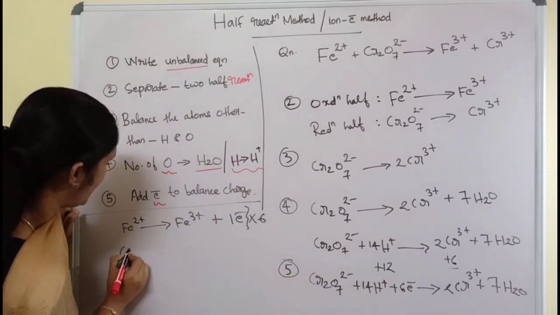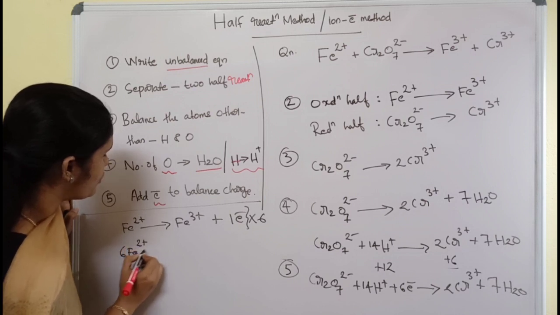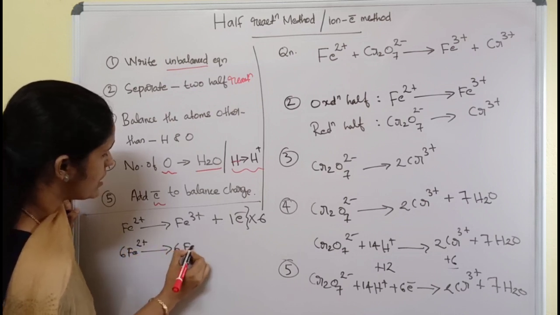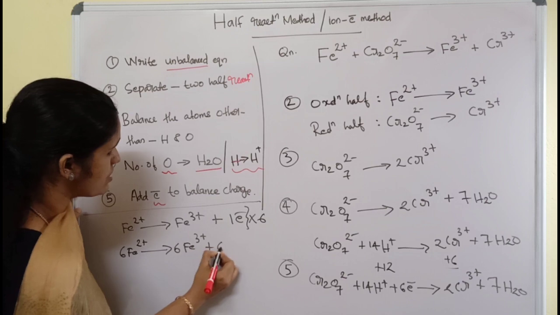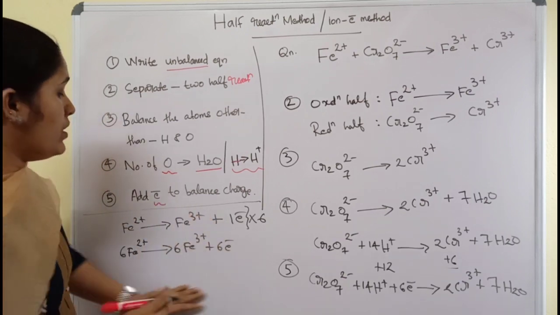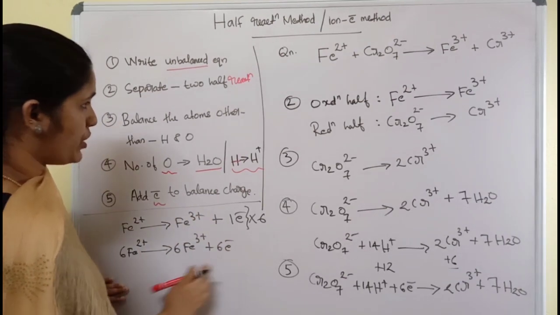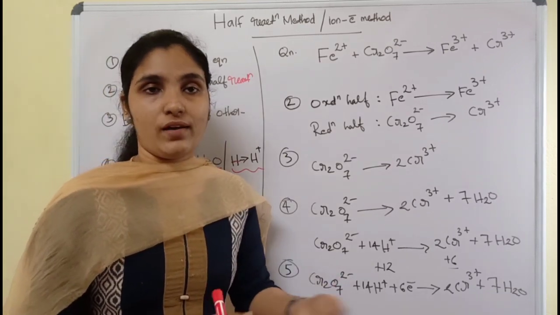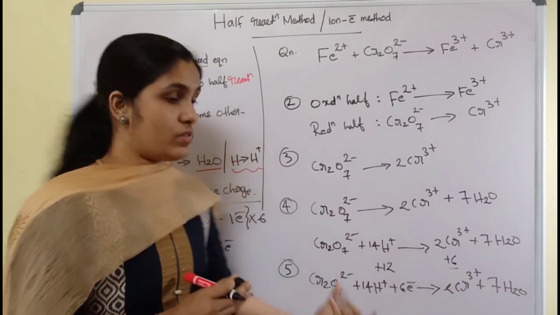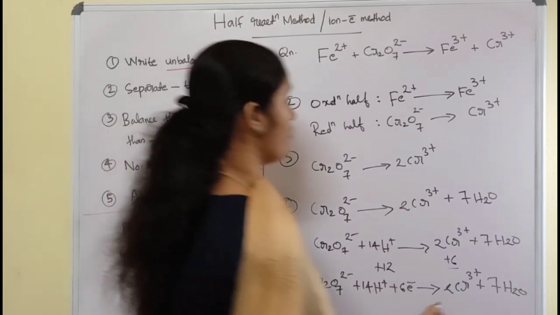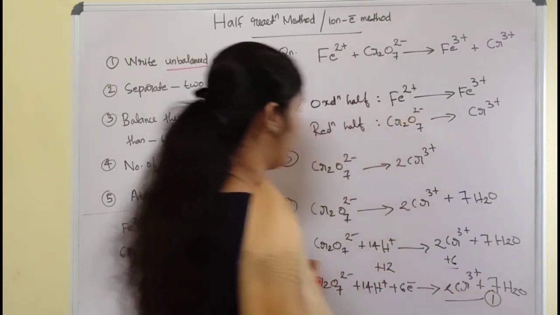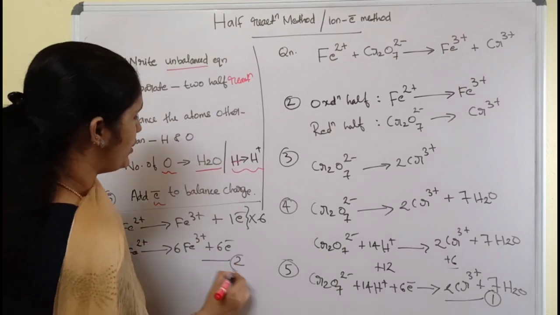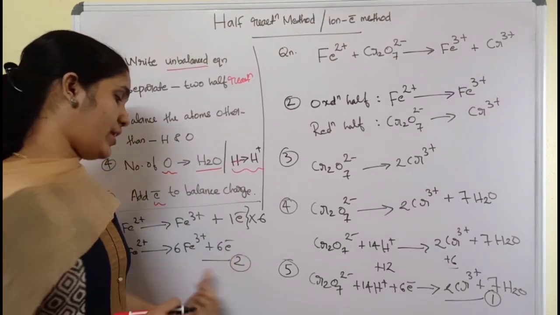So the equation becomes 6 Fe2 plus gives 6 Fe3 plus plus 6 electrons. Now the oxidation half is balanced, as well as the reduction half. The next thing is to add these two equations. Let's give this as equation number 1, and this is equation number 2.